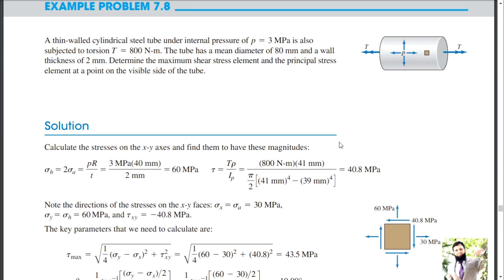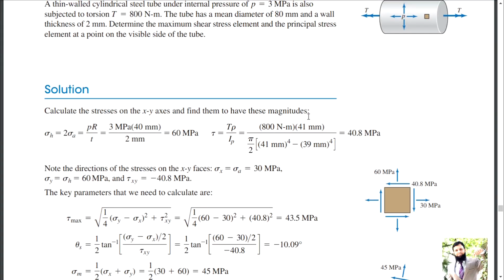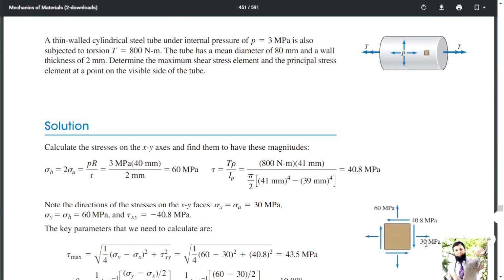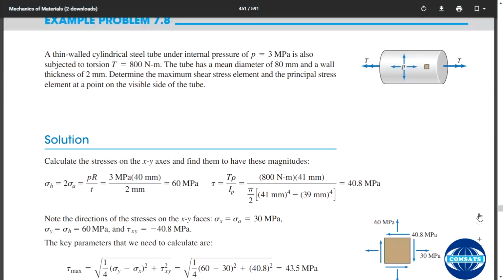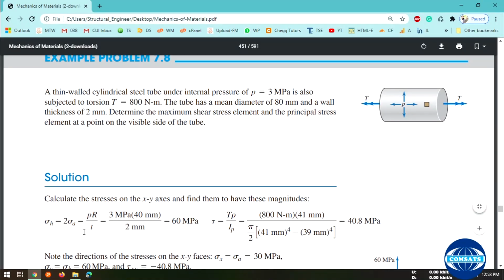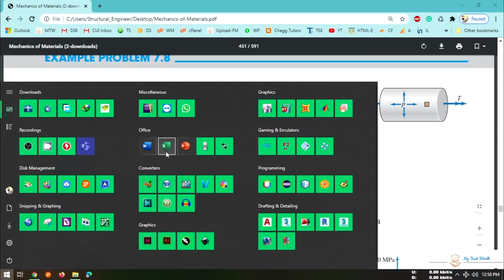So what we are going to do is develop an Excel sheet for the calculation of these, and let me help you out with Excel.